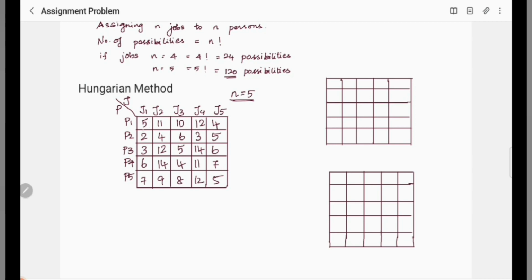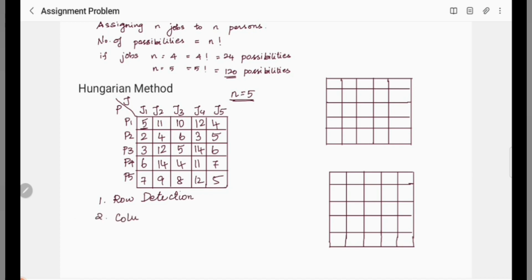For example, say this 5 represents 5 hours. When we allocate person 1 with job 1, he takes 5 hours to complete. Similarly, all the other numerical values are represented here. So we are going to use the Hungarian method, where we have 3 major steps to follow. The first is row deduction, where we consider the given matrix row-wise.